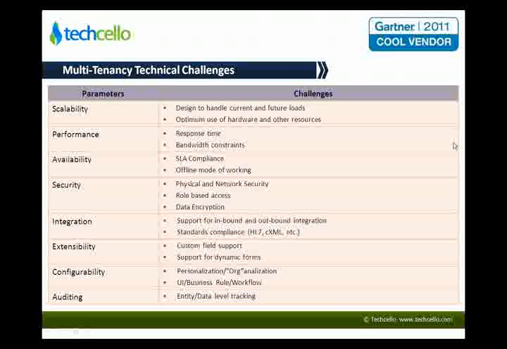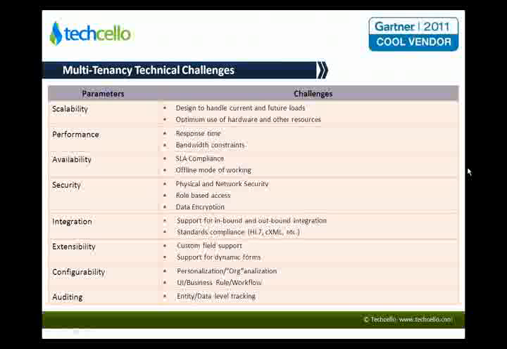These are the major non-functional requirements you're looking at on the screen, and let's see how these parameters get altered or become complex for a multi-tenant application compared to an on-premise application or a single tenant application.